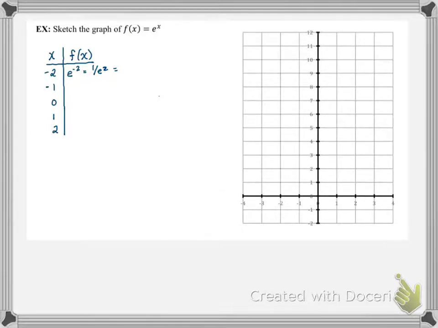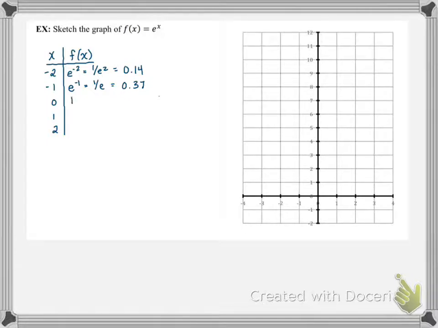So 1 over e squared is approximately, what, 0.14? And e to the -1 is 1 over e, which is like 0.37. Without your calculator, what's e to the 0?